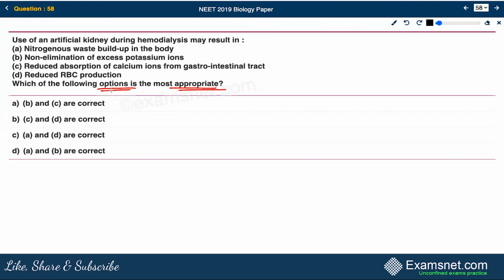Now, let me tell you that in the case of hemodialysis, where an artificial kidney is used for the process of dialysis, the options saying that there is nitrogenous waste buildup in the body and non-elimination of excess potassium ions are actually incorrect, because in dialysis there is elimination of urea and potassium from the body.